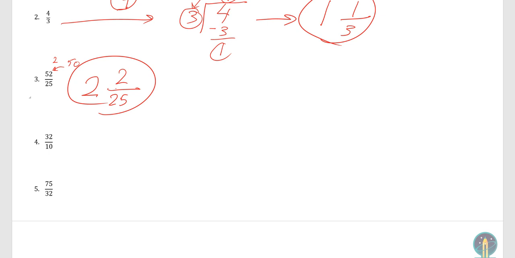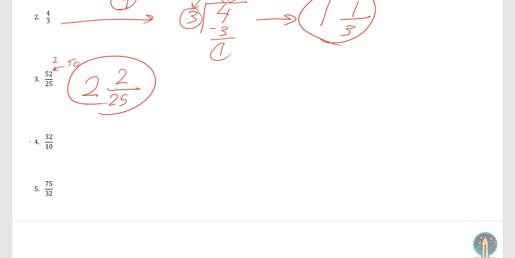So the long division is just a way to help you do it in a structured manner. But again, once you've gotten enough practice, you should be able to just do it in your head, like I just showed you. 32 over 10. Again, ask yourself this question: how many times does 10 go into 32 in whole terms? How many whole 10s are contained in 32?